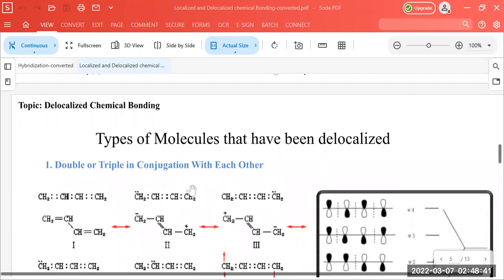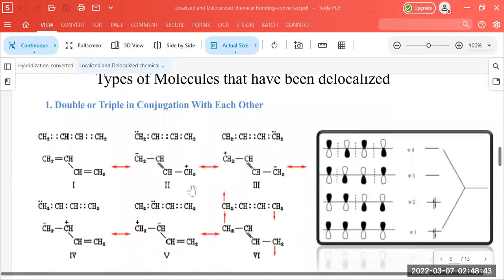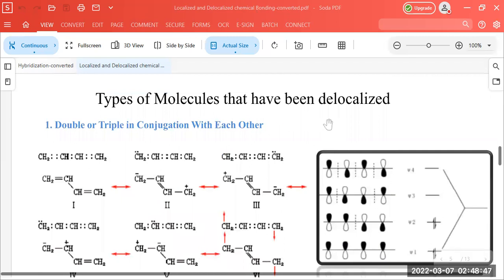Now, delocalized chemical bond. A delocalized chemical bond is defined as a chemical bond in which the electron pair is shared by more than two nuclei. The example is 1,3-butadiene. Here this double bond is in conjugation with this double bond.